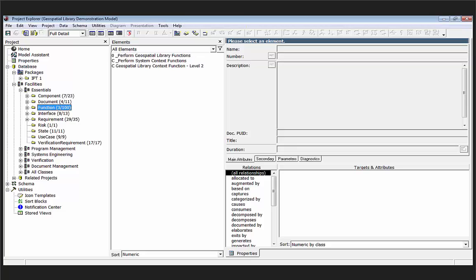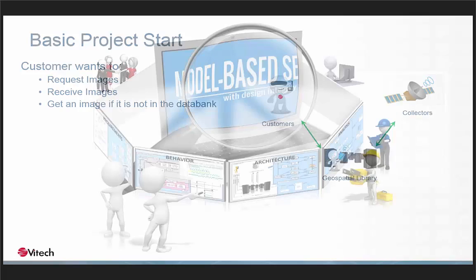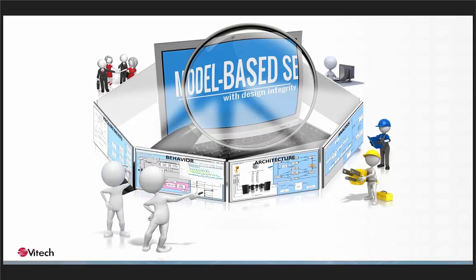So let me go back to my presentation here for a moment. To bring this all back together, what we did is we took a step back. We know we need all these things. We know we have to provide things to all the different stakeholders.